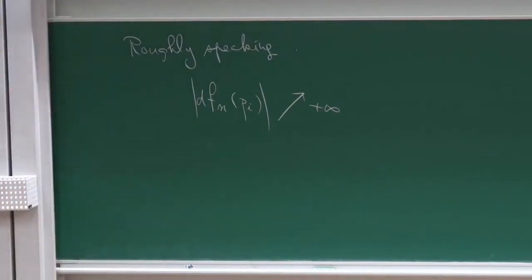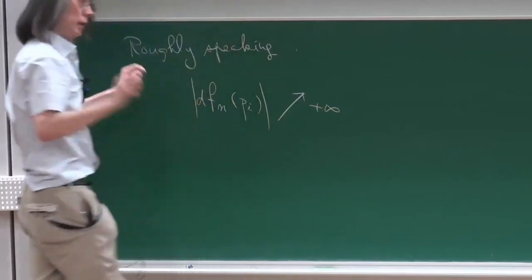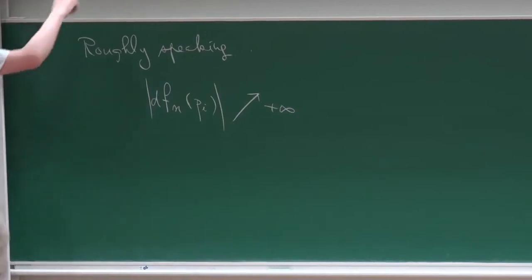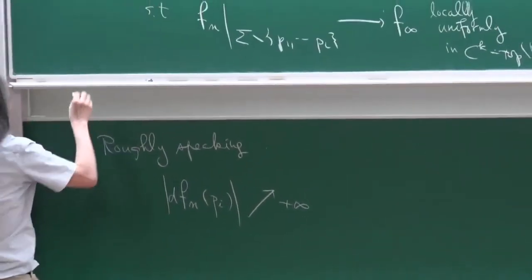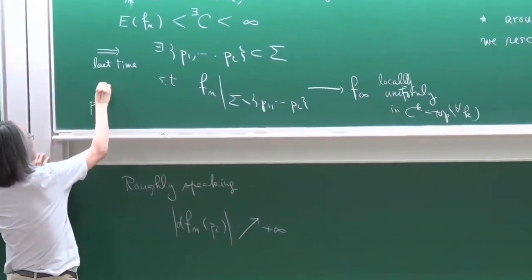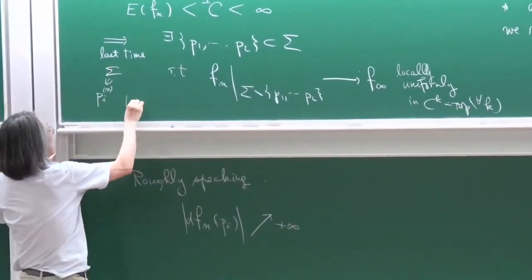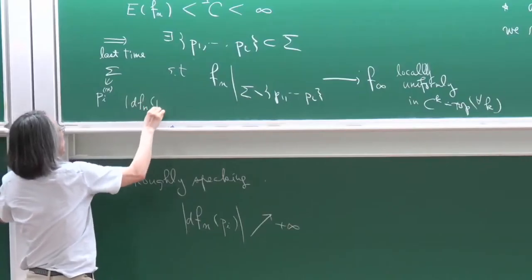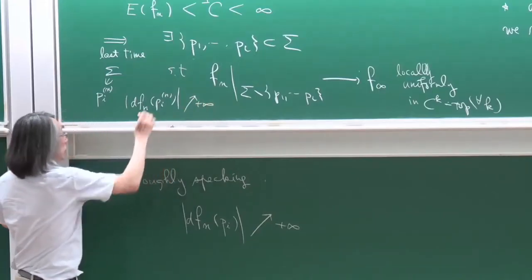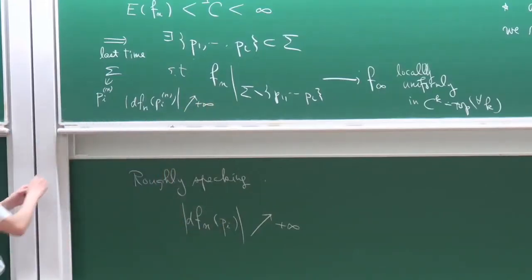It is not really this, because they are just a kind of limit of certain sequence of points. Maybe there is a point like p_i^n, right? p_i^n inside of the sigma, and then the derivative of these things maybe diverges to infinity. So this point need not be this point p_i, but roughly somehow you may just think in this way.